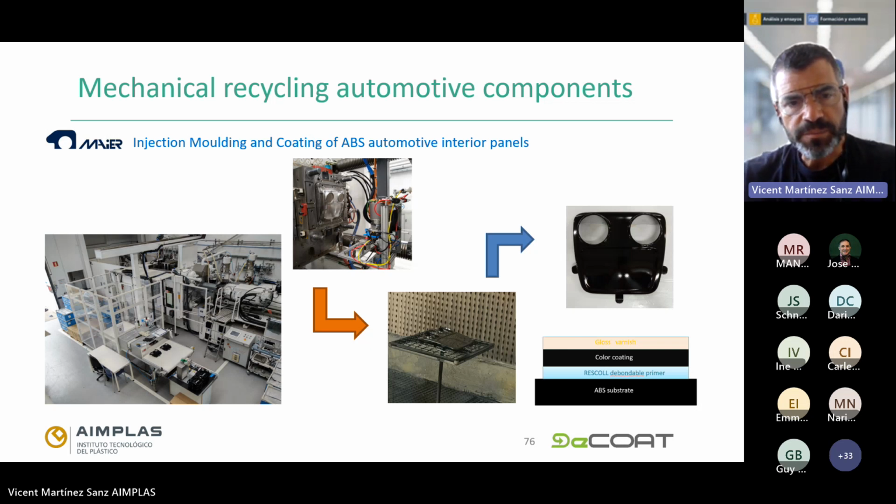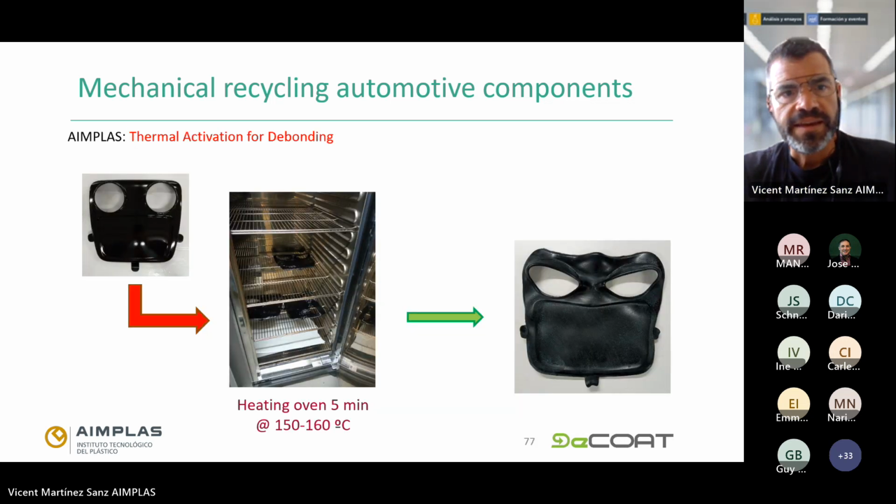The first step was the application of the primer by the partner Rescol, which developed a debondable primer that can be activated by means of heating, thermal activation in an oven cabinet, reaching temperatures up to 150, 160 degrees for 5 minutes.